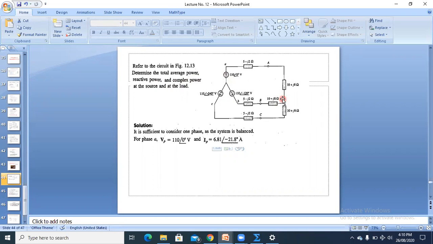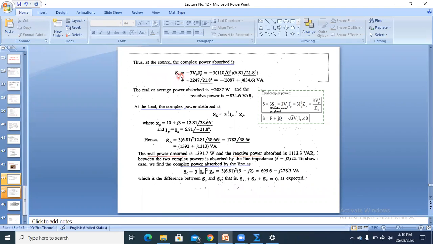So for this, we have the power delivered with the negative sign. So in fact, that is -3 Vp Ip conjugate. So we have the phase voltage and the phase current, and we take the value of 3 times and we calculate the total complex power of the system.